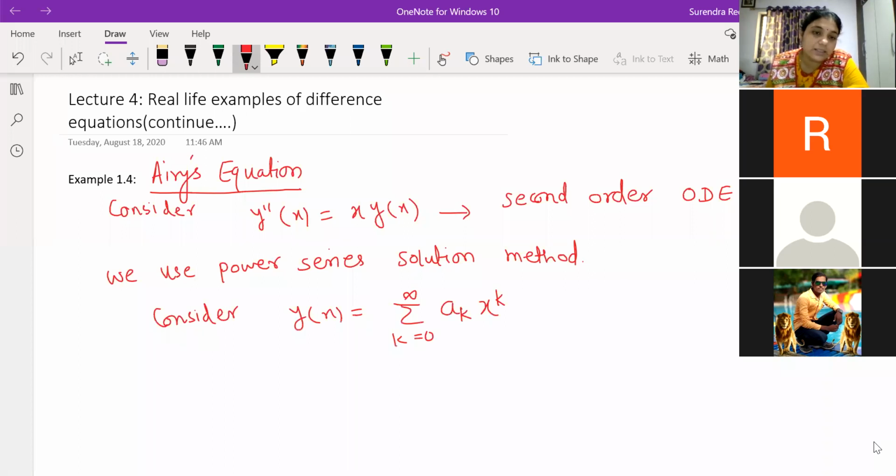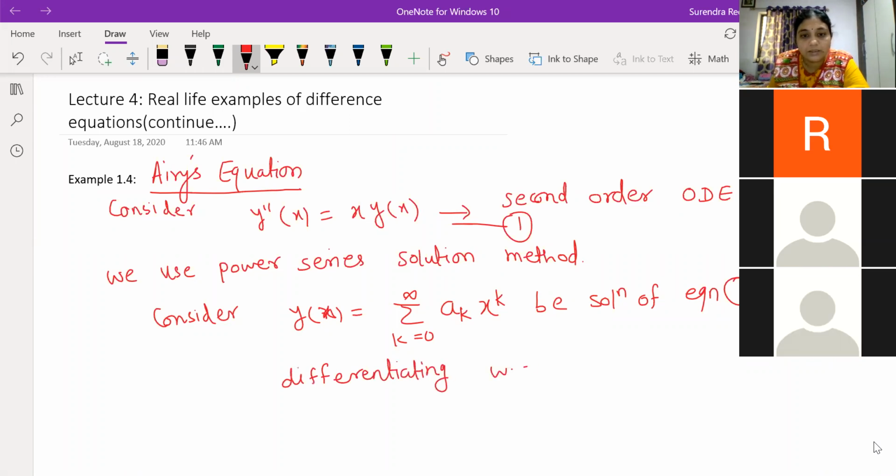So we consider that y of x equal to this infinite power series, summation k equal to 0 to infinity a_k x raised to k, is a solution of equation 1.